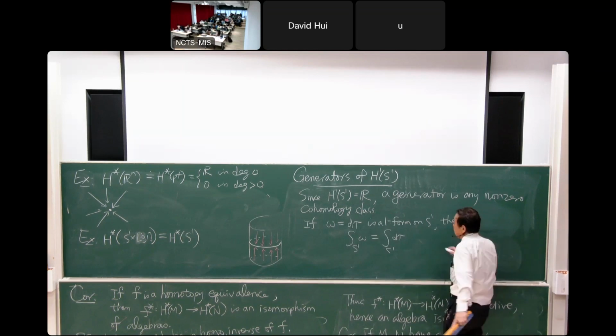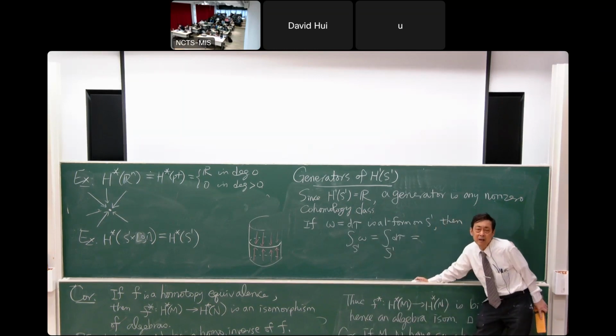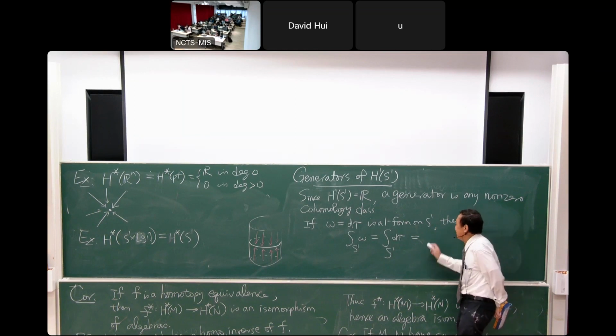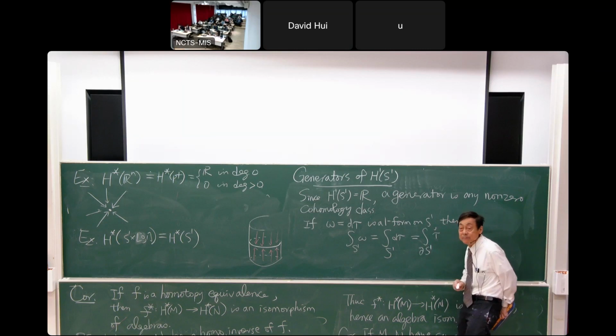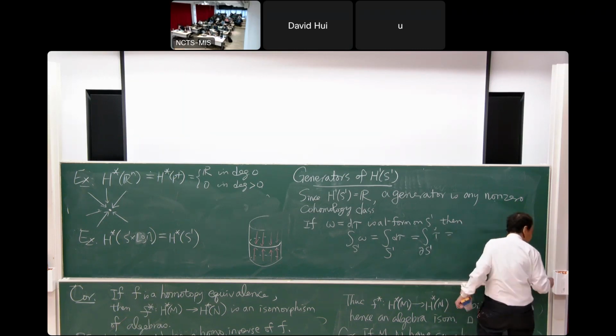And then how do you see that this is 0? By somebody's theorem. By whose theorem? Stokes' theorem, yeah. So by Stokes' theorem, this is tau over the boundary of S1, okay? But S1 doesn't have a boundary.